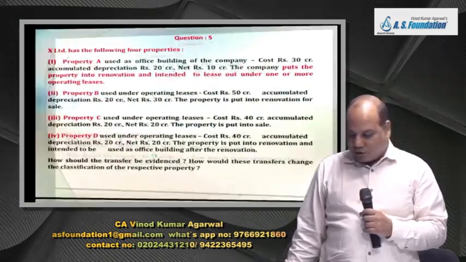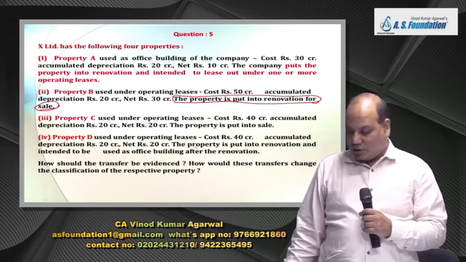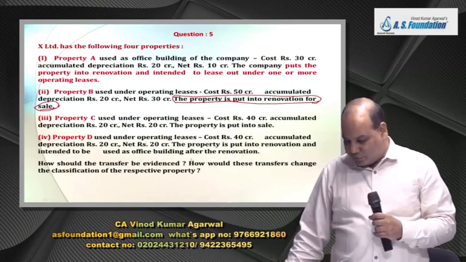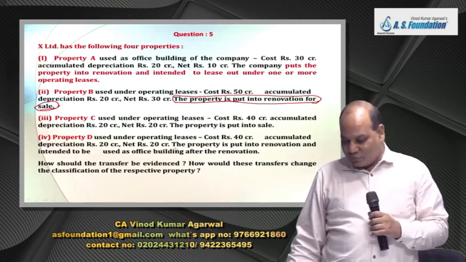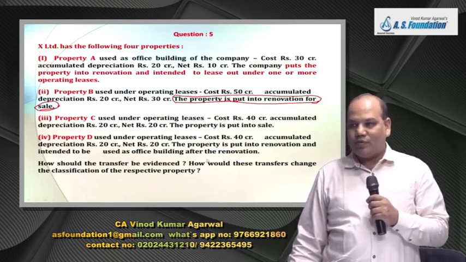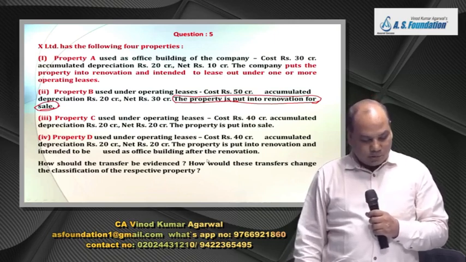What is the fourth example? Property D is used under operating lease. Cost 40 crore, depreciation 20 crore, net rupees 20 crore. The property is put into renovation and intended to be used as office building after the renovation. What will be the classification now?